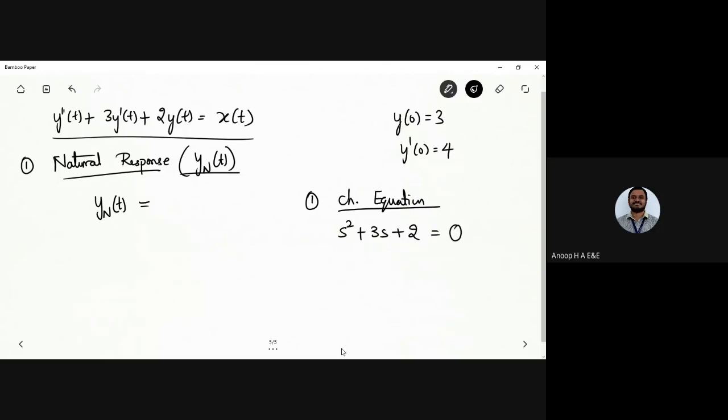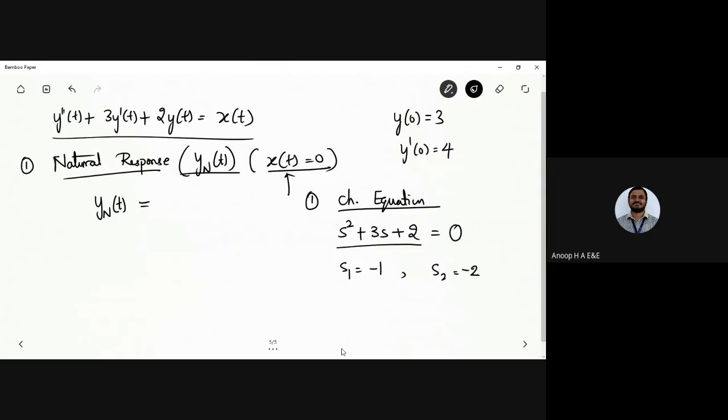In order to find the natural response, or the transient response of the system, we have to neglect the input, or the input should be equal to 0. Now I have s squared plus 3s plus 2. The roots you can find out easily using a scientific calculator. So s1 is equal to -1, s2 is equal to -2.